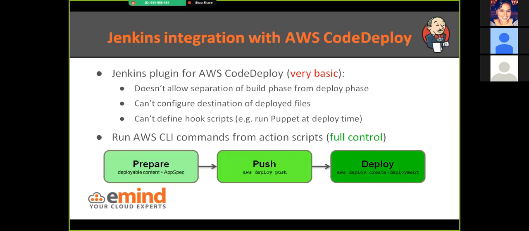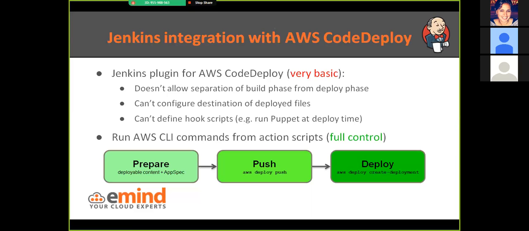Now, in terms of integration between Jenkins and CodeDeploy, there is a plugin developed by the Amazon CodeDeploy team, but we found it to be really rudimentary, too basic for our needs, because it does not allow the separation of the two phases, the build and the deploy.